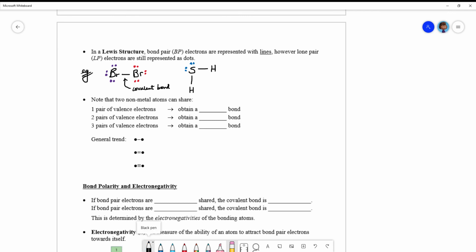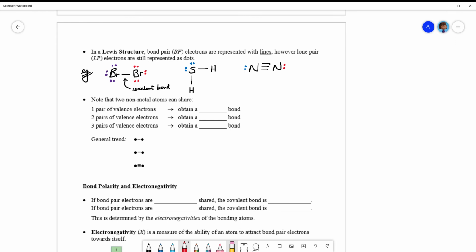And what about diatomic nitrogen? Well, diatomic nitrogen had 3 bond pairs between the 2 nitrogens. Each bond pair gets replaced with a line, and so now we're going to have 1, 2, 3 lines between the nitrogens, and then we're going to put a lone pair on each of the nitrogens. And what do we call these structures?